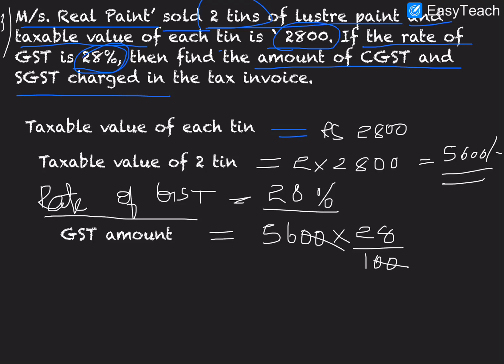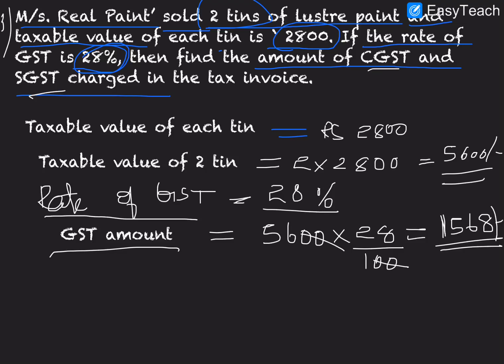The zeros will be cancelled here. Now 56 into 28 is 1568. That is 1,568 rupees we have to pay as the total GST.